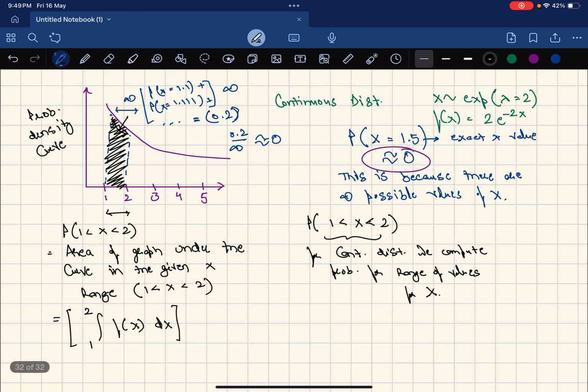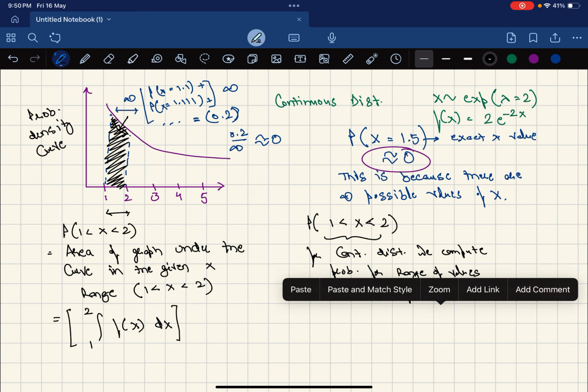Then finally, we looked at how we can get the probability for a continuous distribution under the PDF, or the probability density curve. We simply integrate the given function, the probability density function, with respect to the random variable x in the required range 1 to 2, for which we are calculating the probability.